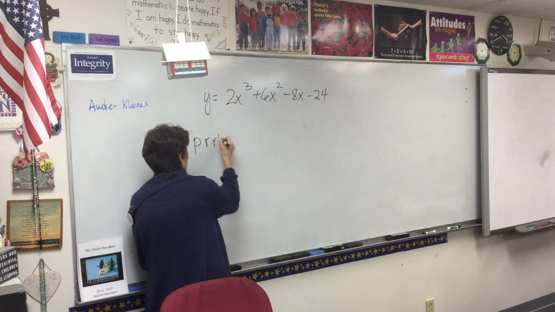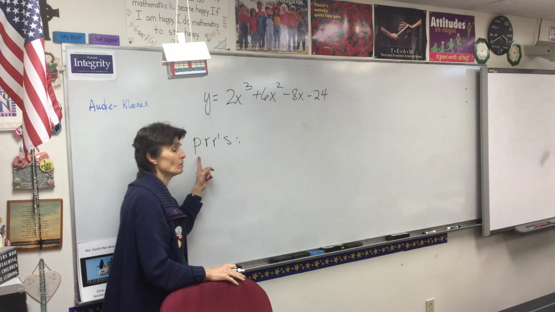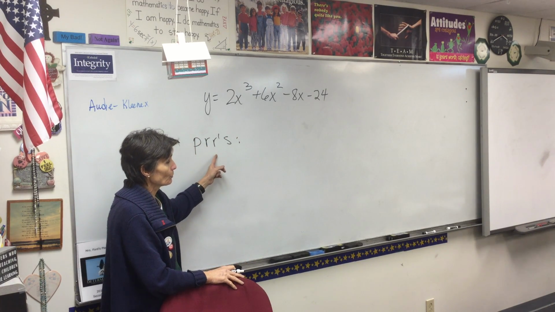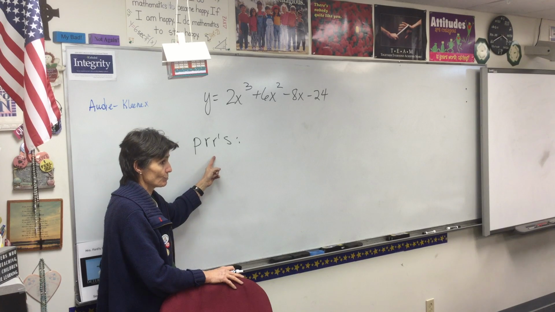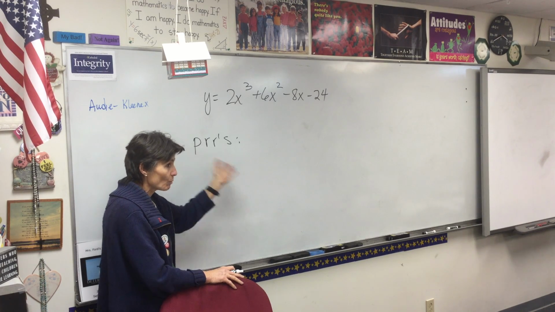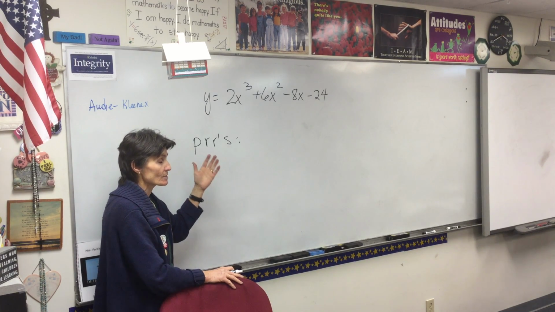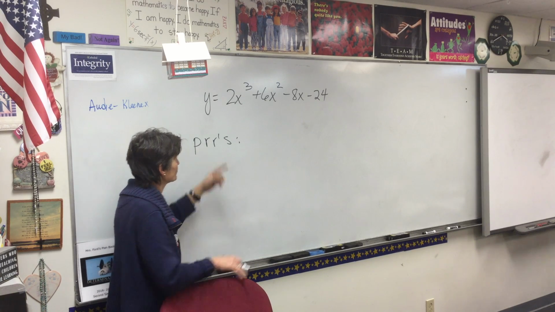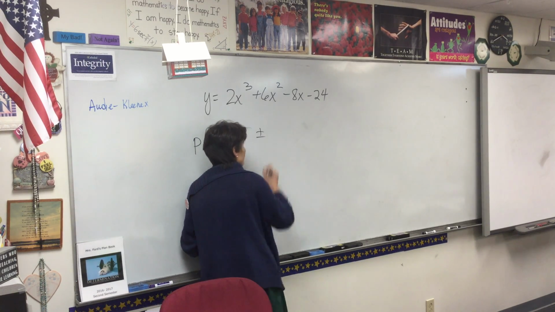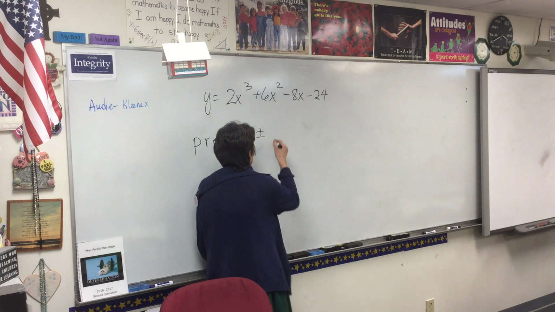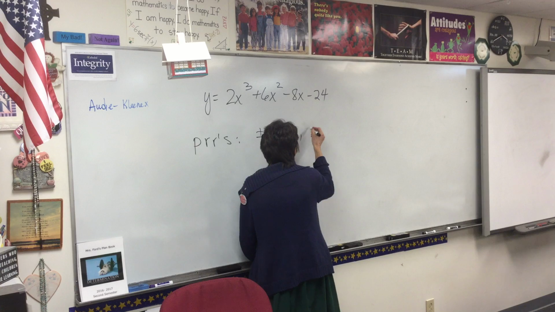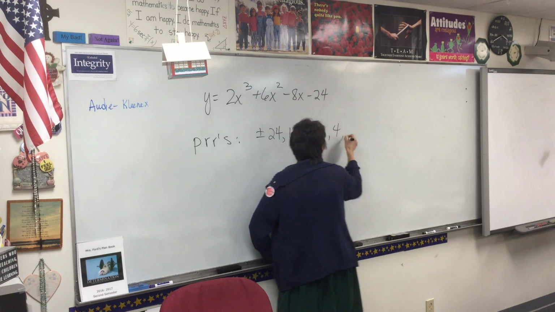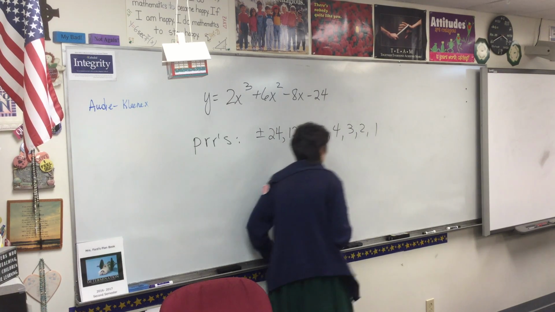So the PRRs, the possible rational roots. On the test, it's going to say possible rational roots. You need to recognize that's what we've been calling the PRRs. Factors of 24, oh gosh, there's a lot. So that would be 24, 12, 8, 6, 4, 3, 2, and 1.